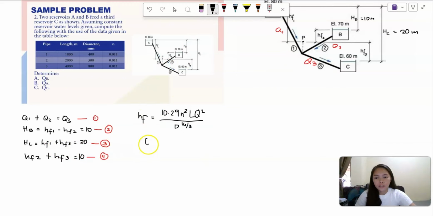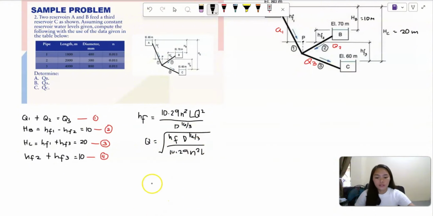So Q here is equal to HF times d raised to 16 over 3 all over 10.29 n squared L, all square root.